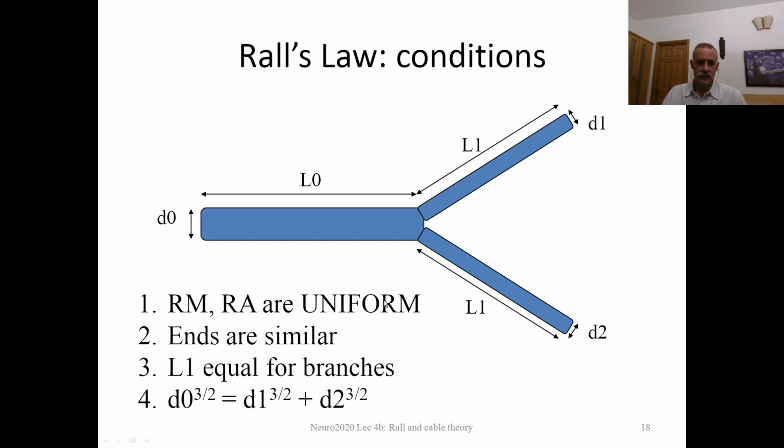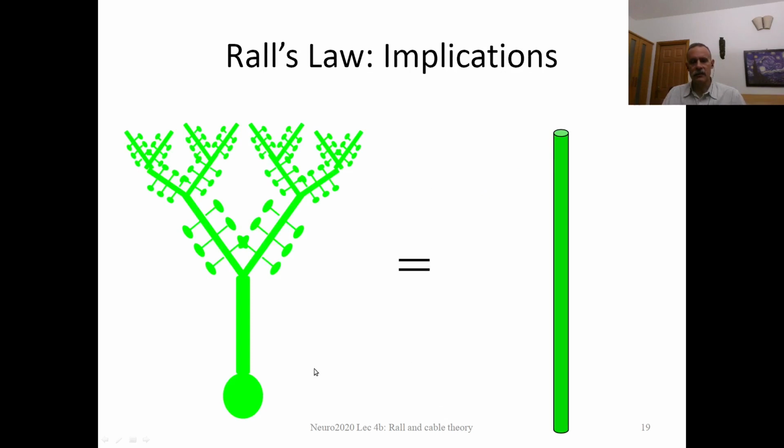So this is almost always true, this is reasonably well met, and this is reasonably well met. So it turns out that Rall's law suggests that you can take most of the major cell class in the brain and treat this complicated branch as just 1 single equivalent cylinder. Isn't that neat?